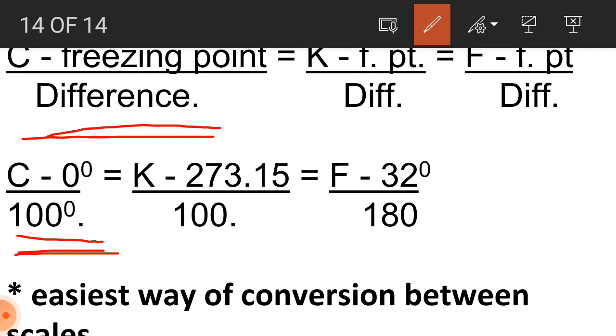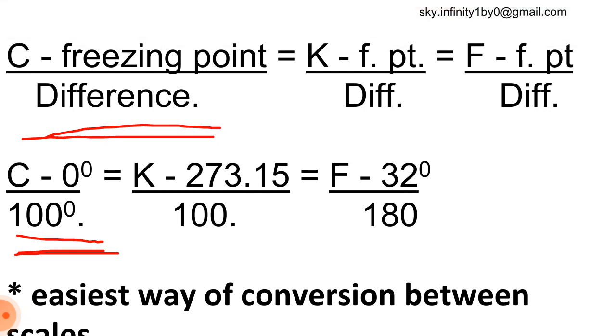For that, we have built up a relationship that Celsius degree temperature minus the freezing point upon the difference between the freezing and the boiling point is equal to Kelvin, the temperature which we need to find in terms of Kelvin scale, minus the freezing point of the Kelvin scale upon the difference. So by using this interrelationship, we can find the conversion of Celsius scale to Kelvin scale.